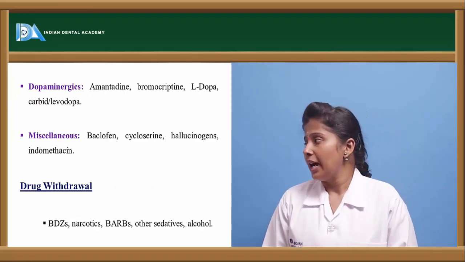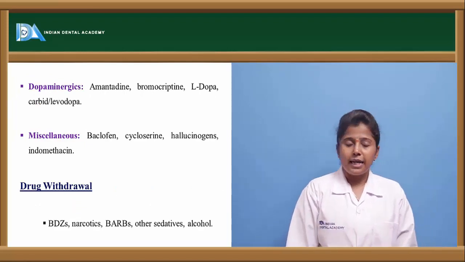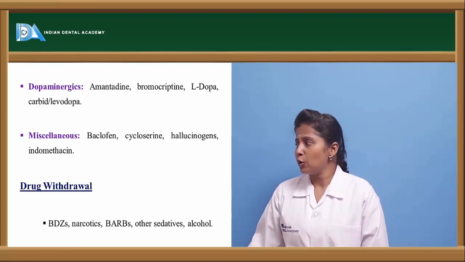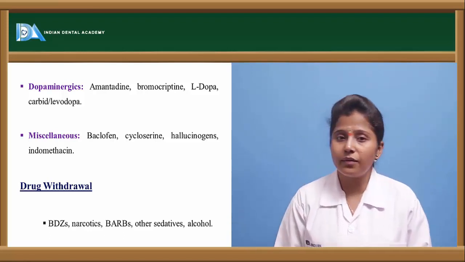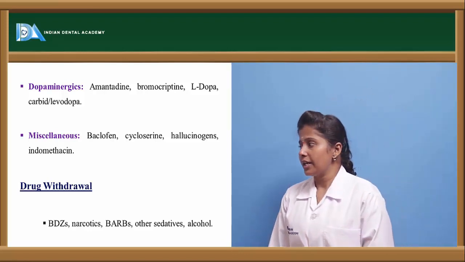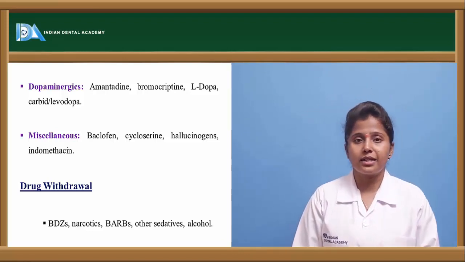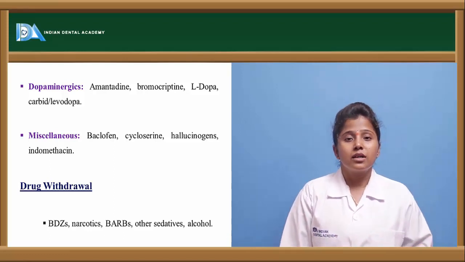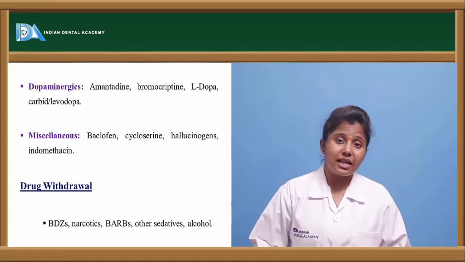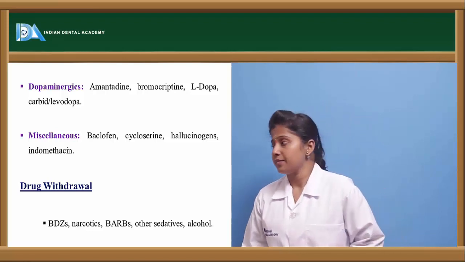Dopaminergic drugs like amantadine, bromocriptine, L-dopa, which is also called levodopa. And there are other drugs like baclofen, cycloserine, hallucinogens and indomethacin. These are all the drugs having the side effect of anxiety.